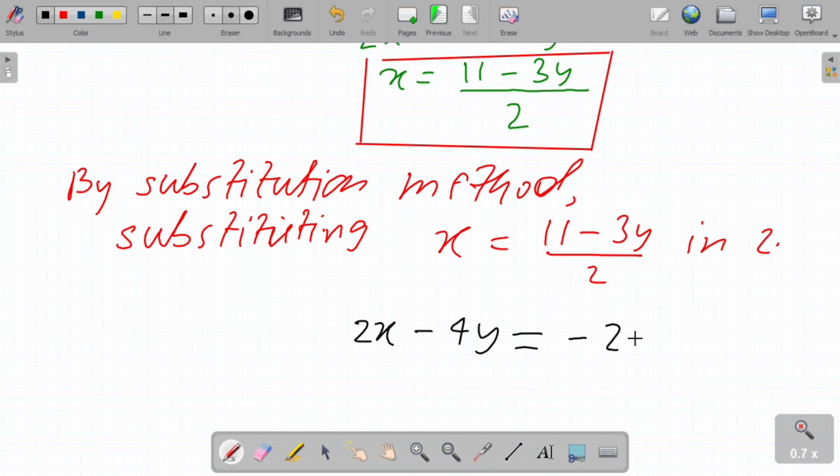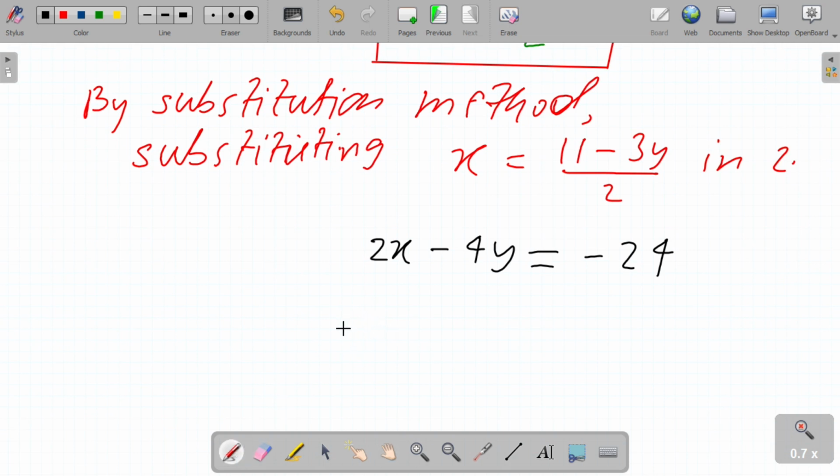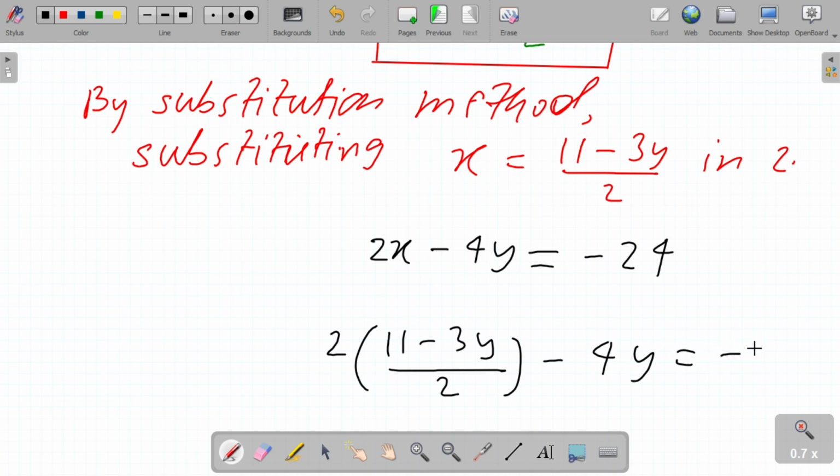So value of x is 11 minus 3y upon 2. I'll write the value of x: 2 times 11 minus 3y upon 2 minus 4y equals minus 24.